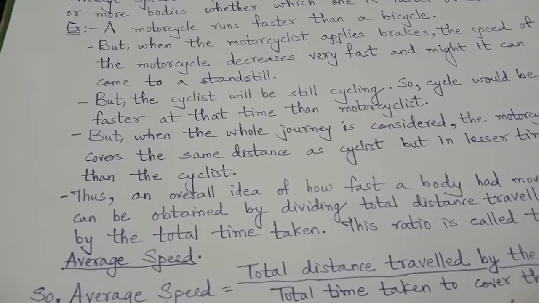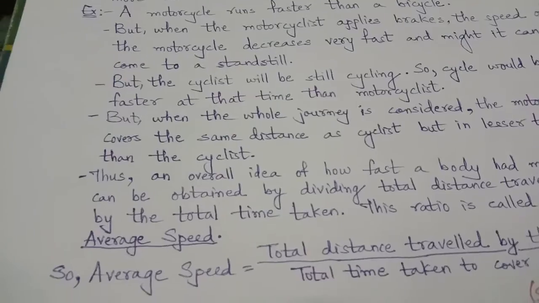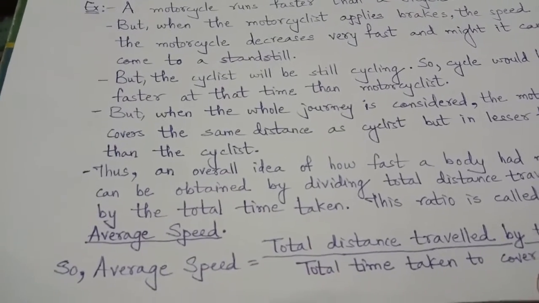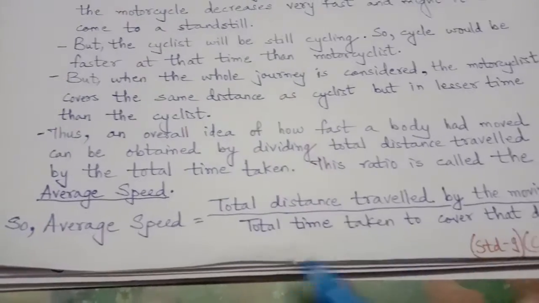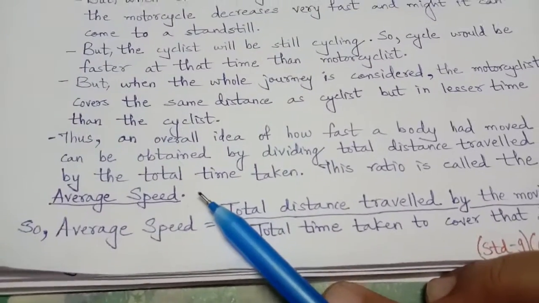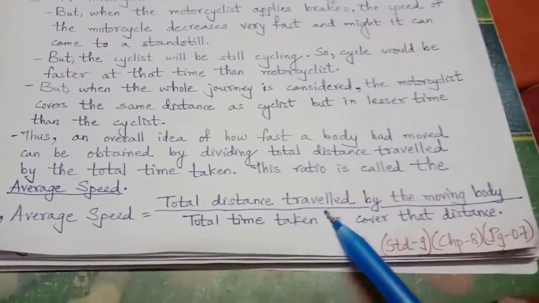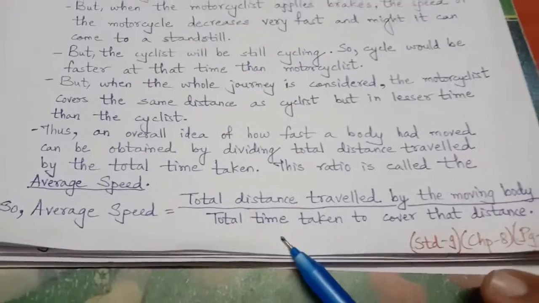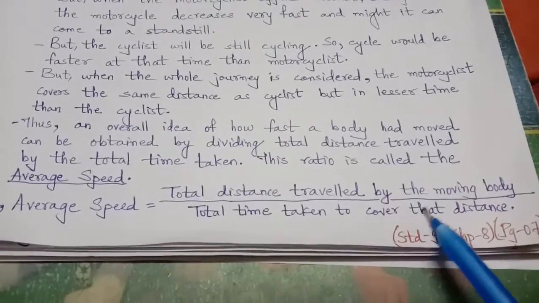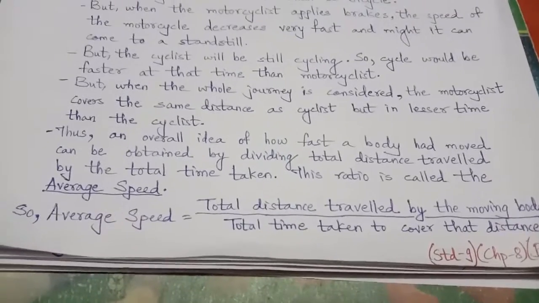Average means whatever distance is travelled, that is total distance, and whatever time is taken for it, total time, the ratio of these two will give us the average speed. So we can express average speed as total distance travelled by the moving body upon total time taken to cover that distance.